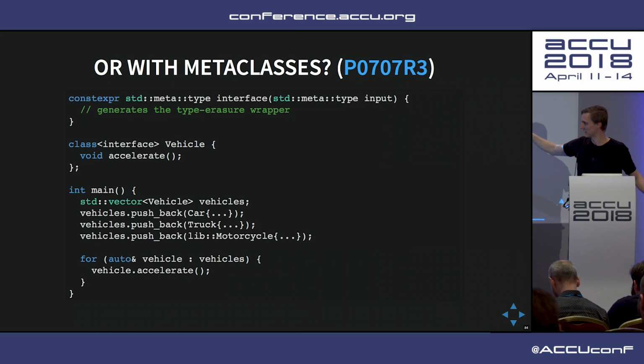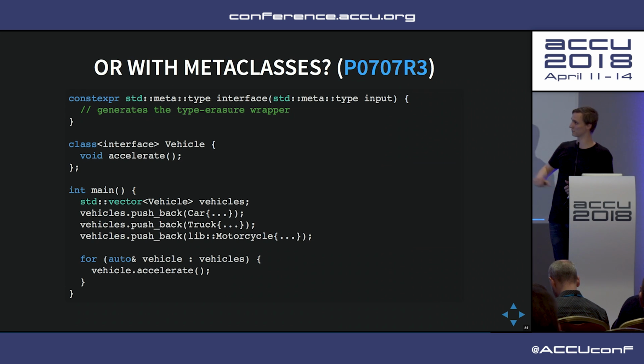And then you say class angle bracket interface, which is a way of applying this metaclass to the vehicle. Vehicle then is basically a class that gets generated on the fly, under the hood by the compiler. So that's kind of a different front end for the functions that I just showed earlier.